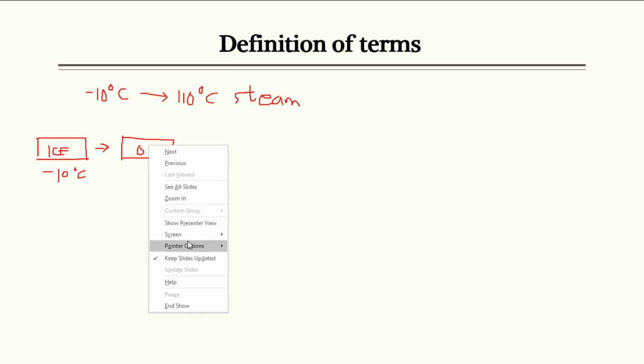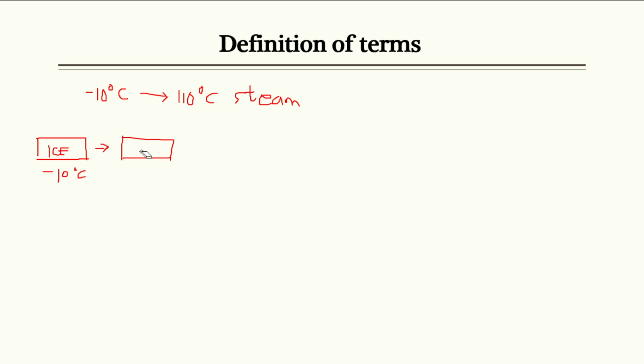Ayan. So from negative 10 degrees Celsius, magiging 0 degrees Celsius muna yan. Ice pa rin yan. Nagbago yung kanyang temperature, pero yung kanyang phase, hindi nagbago kasi parehas ice pa rin. Ang tawag yan is sensible heat.